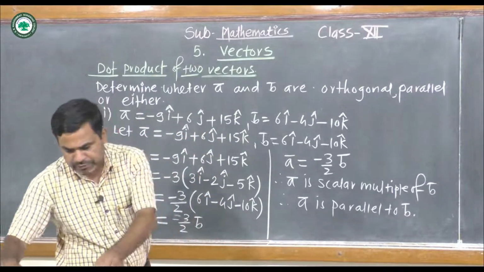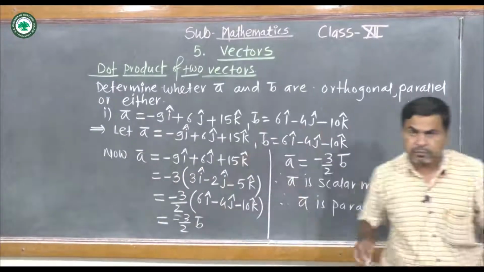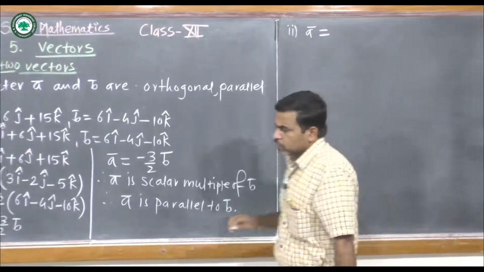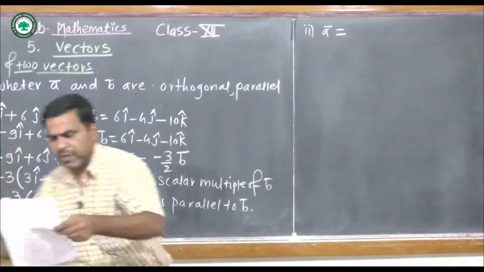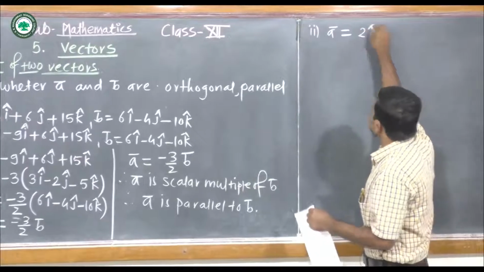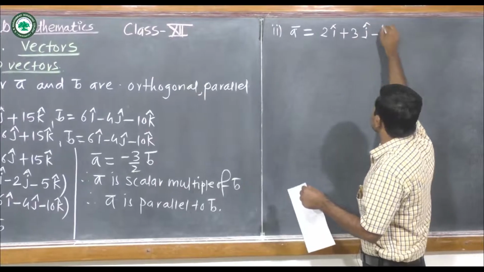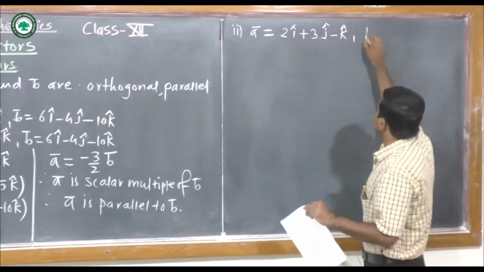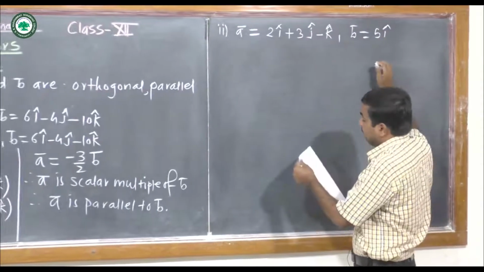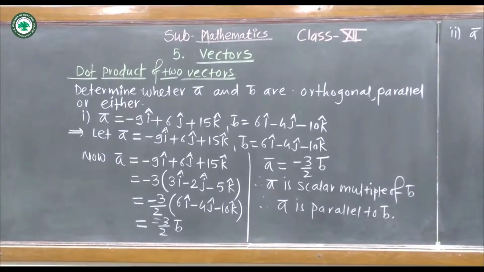Now second sub-question. A bar is equal to 2I cap plus 3J cap minus K cap. B bar is equal to 5I cap minus 2J cap plus 4K cap.